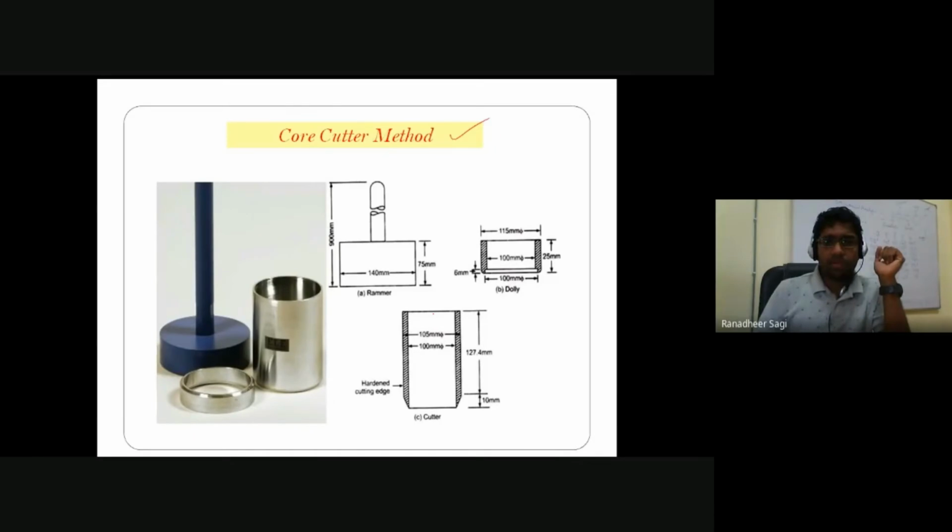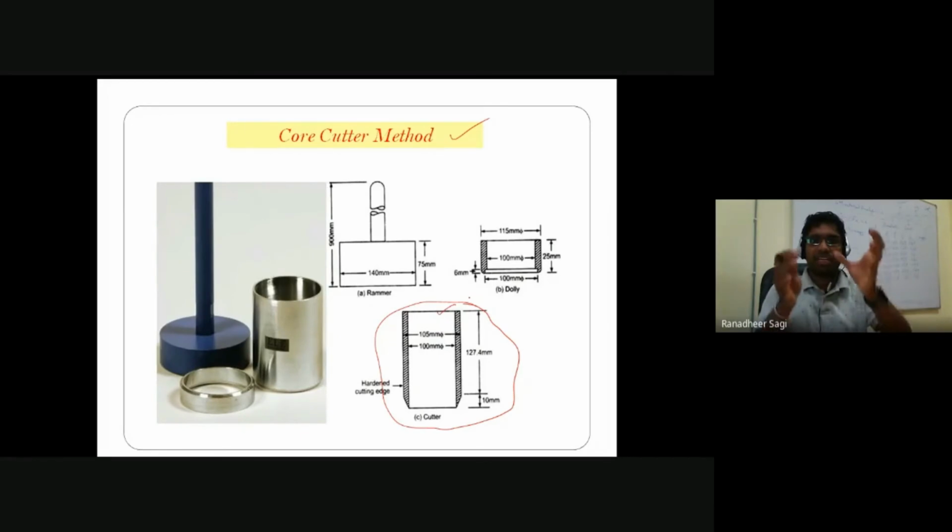For whichever soil you want to determine the field density, I'll reach that particular site location where the compaction is already done. I'll take the hollow cylindrical mold and place it on the ground, and on top of this hollow cylindrical mold, I am going to place what is called a dolly.